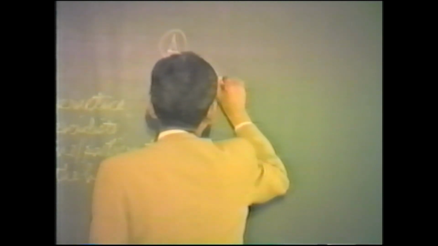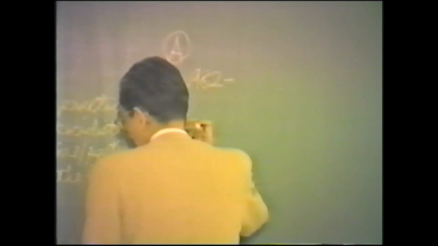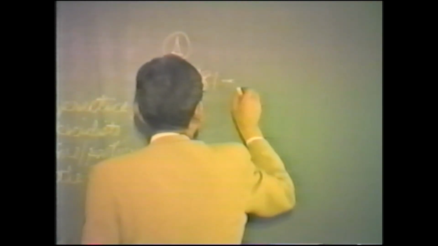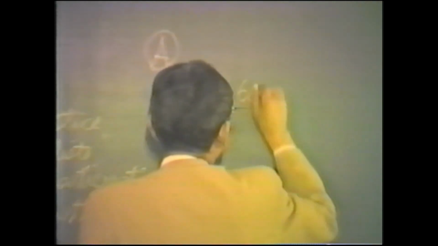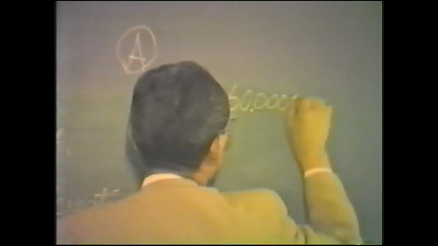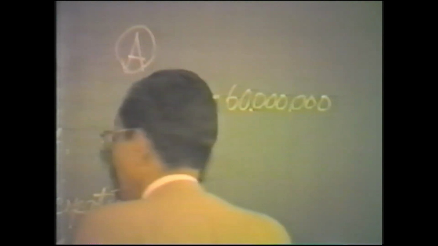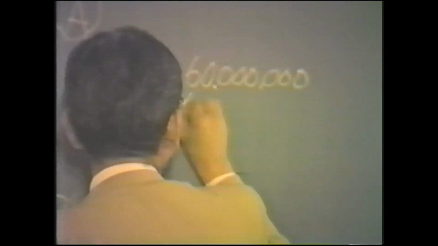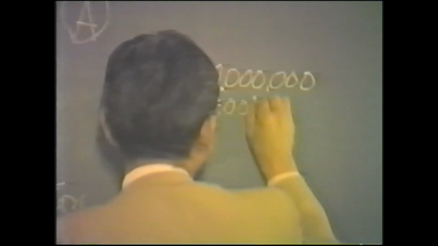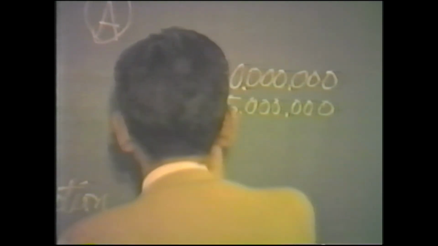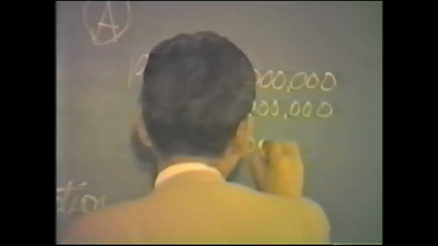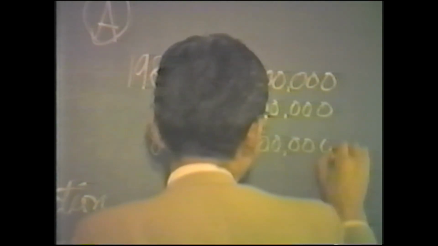1981, about 60 million animals were killed. 1982, about 65 million animals. 1983, about 70 million animals were killed.